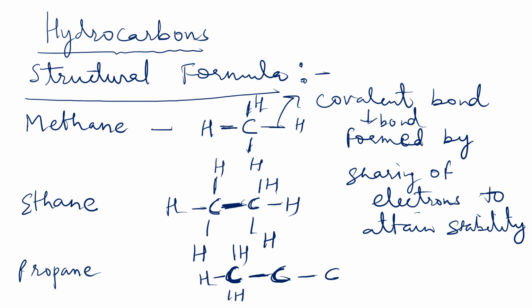What about the second carbon? If I number them like this, the second carbon is bonded with the first carbon and the third carbon, so two bonds are already there. It will form two more bonds. Now, the third carbon is already bonded with one carbon, so it has to form three bonds with hydrogen. So this is one way of representing the structural formula.